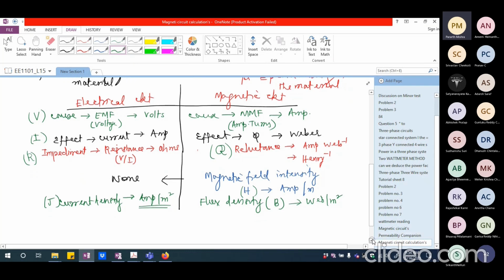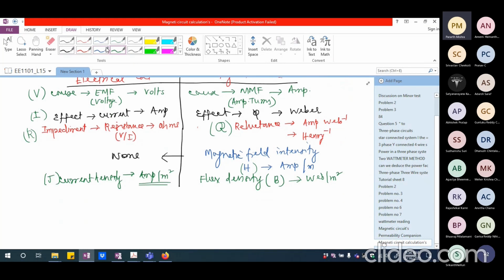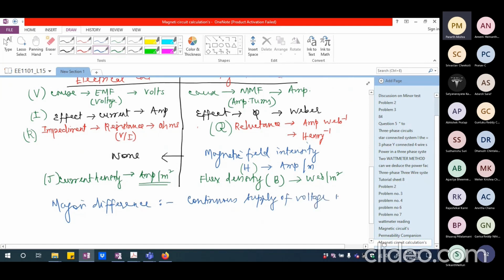One major difference between a magnetic circuit and an electrical circuit is that you need a continuous supply of voltage in an electrical circuit to maintain the current.